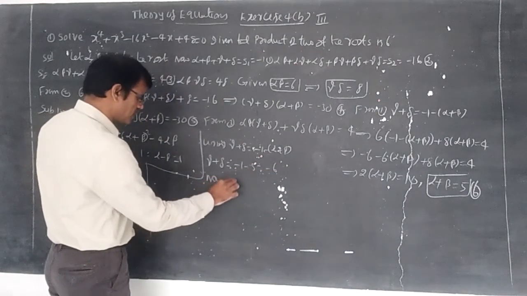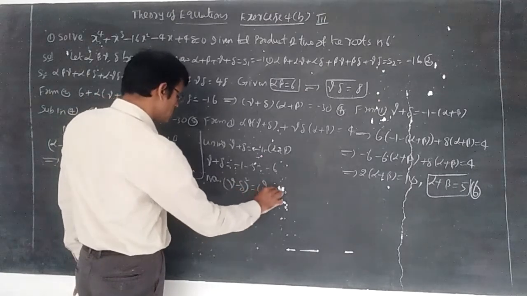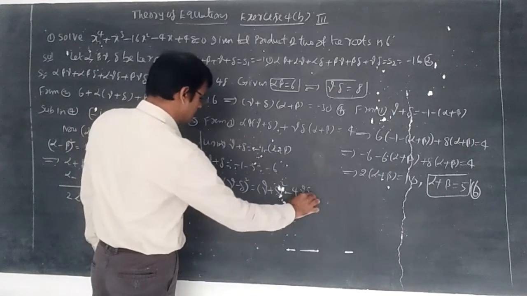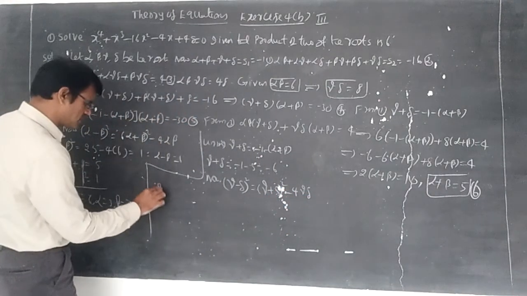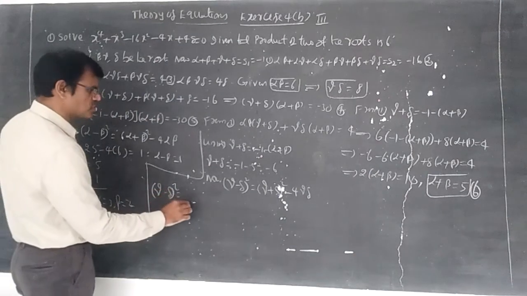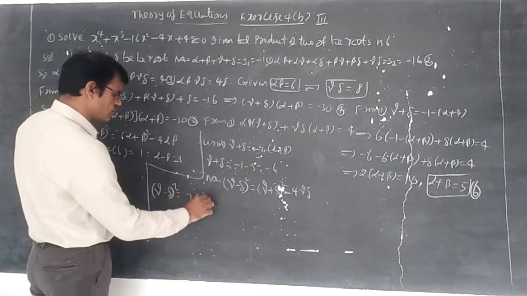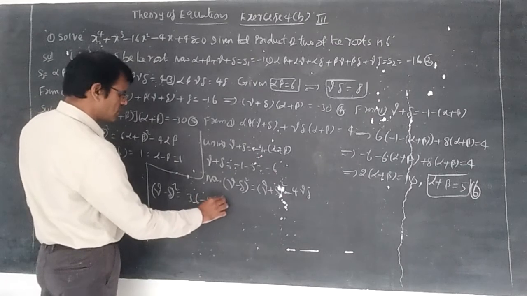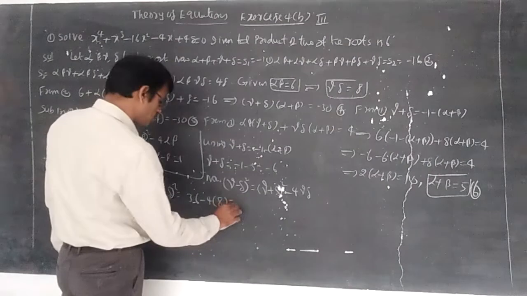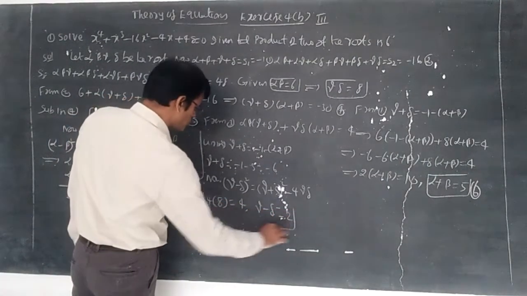Now you can write gamma minus delta whole square is equal to gamma plus delta whole square minus 4 gamma delta. So gamma minus delta whole square is equal to gamma plus delta whole square, 36, minus 4 into gamma delta, which is 8. 4 into 8 is 32, 36 minus 32 becomes 4. So gamma minus delta is equal to 2.